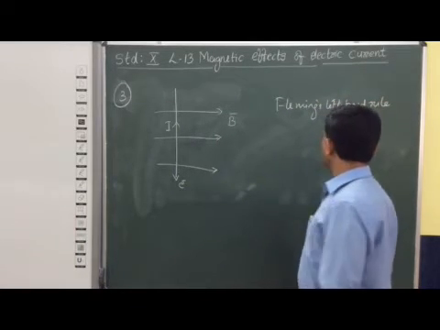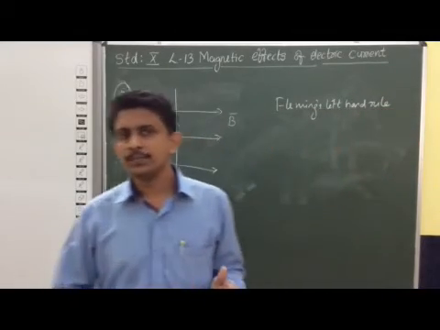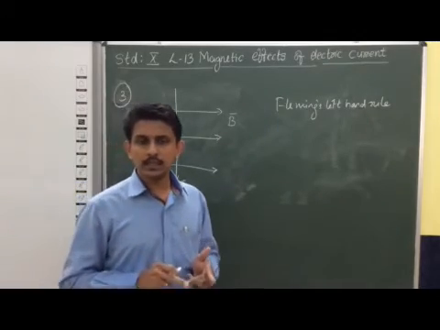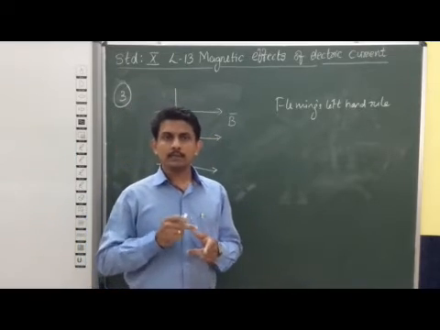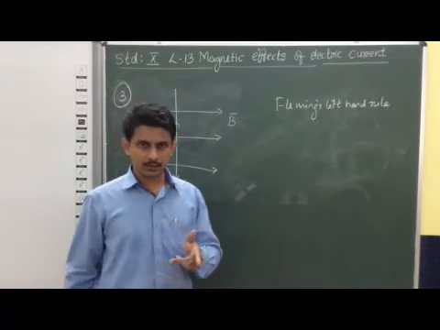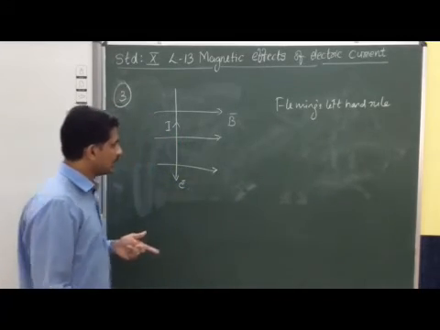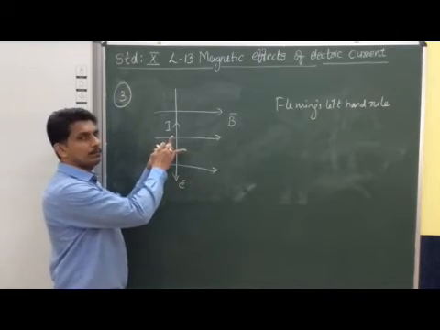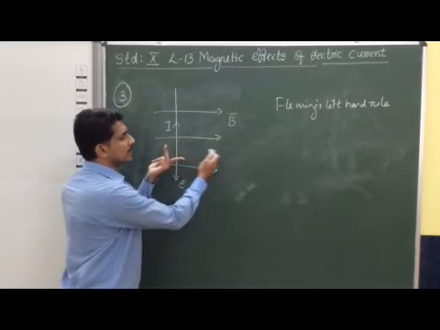According to Fleming's left hand rule, we know that stretching the three fingers of your left hand in mutually perpendicular directions, the central finger represents the current, the forefinger represents the magnetic field, and the thumb represents the force experienced on the conductor. So you can apply it and find the direction of the force. Current is flowing in the upward direction, and this is the direction of the field.